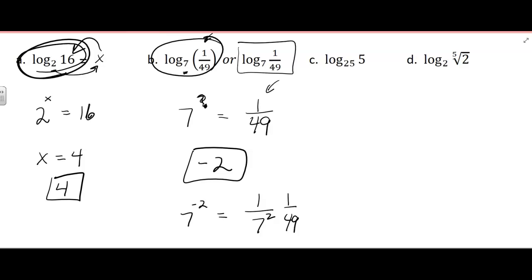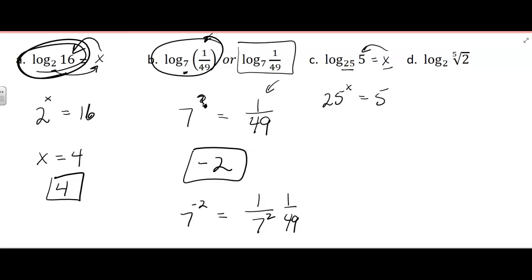Okay, let's try again. We'll go back to my old method, setting it equal to x. So 25 to some exponent equals 5. Again, this is the base. This is what we're taking the exponent to, base to an exponent, right? And we want it to equal 5. How do you get 25 to some power to equal 5? Now you know the relationship between 5 and 25. 5 squared is 25, right?